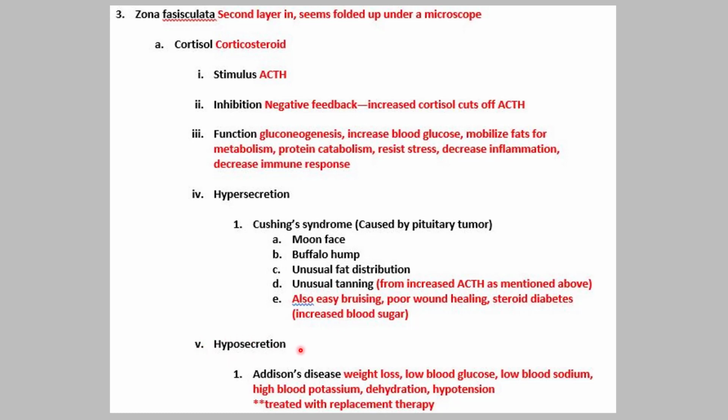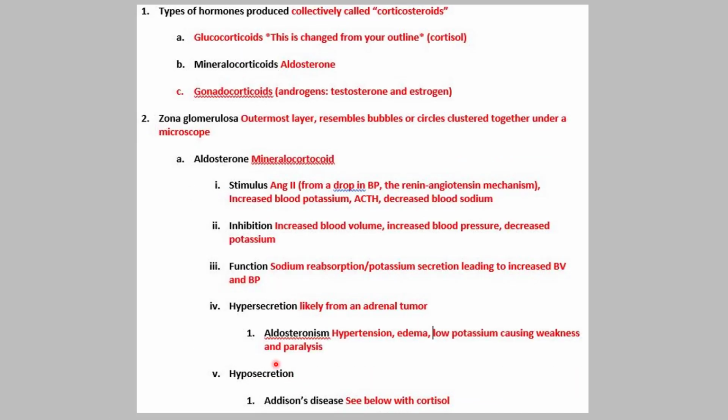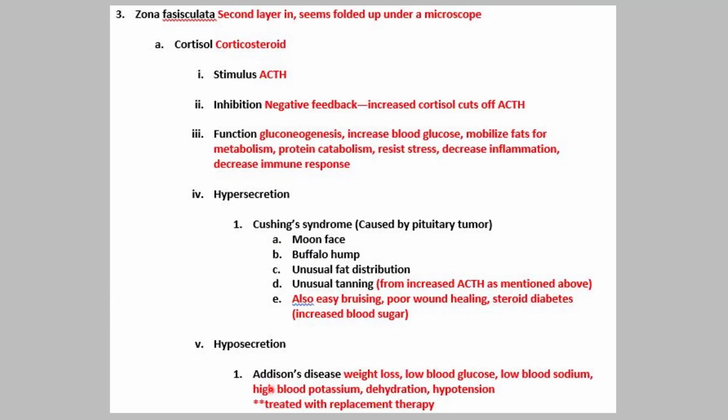hyposecretion. What if we don't have enough cortisol? Well, Addison's disease. So now we're pulling that back. Remember, we just saw Addison's disease, hyposecretion of aldosterone. Now we are seeing Addison's disease is also hyposecretion of cortisol. So what happens with Addison's disease? We get weight loss. We get low blood glucose. Both of those are from cortisol. Low blood sodium, high blood potassium, dehydration, and hypotension.